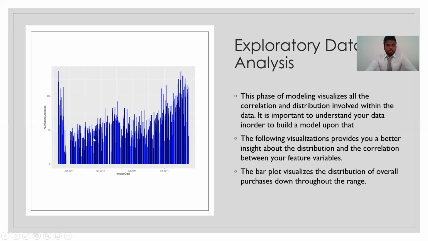What I figured out here is that at the start of the year, the number of purchases tends to increase, followed by a drastic drop, and then a steady increase around October until December. My insight is that maybe during these times the store offered a lot of discounts and offers, so customers tended to visit a lot and buy a lot of products from the store.